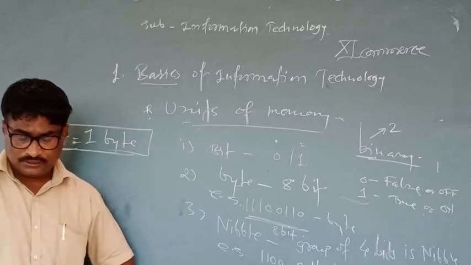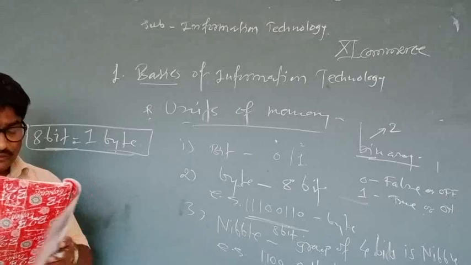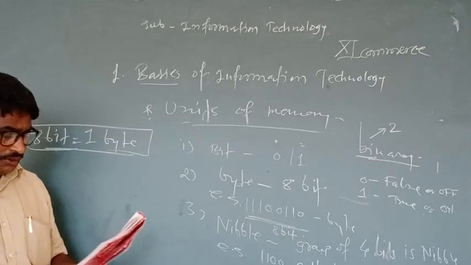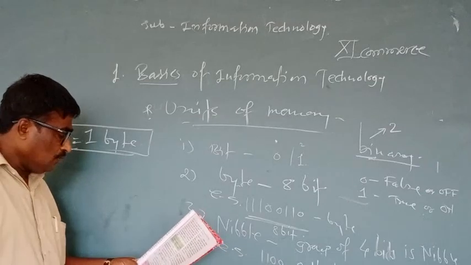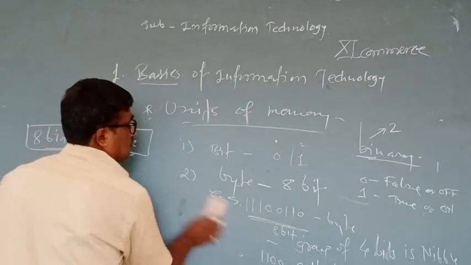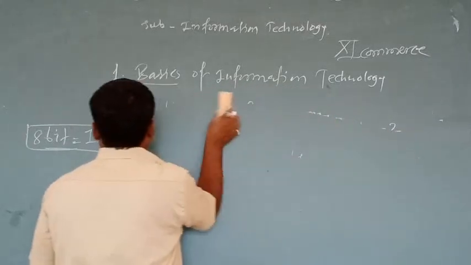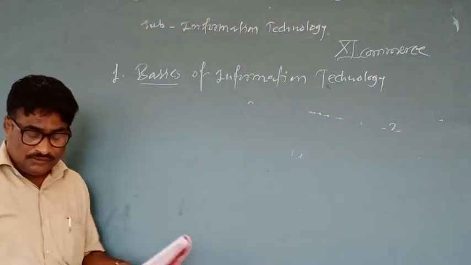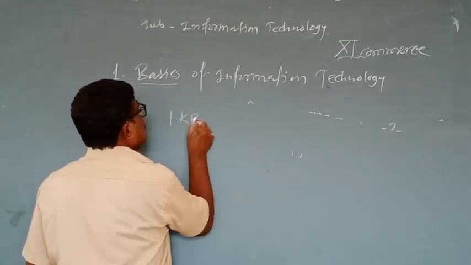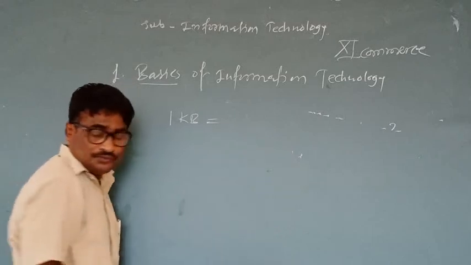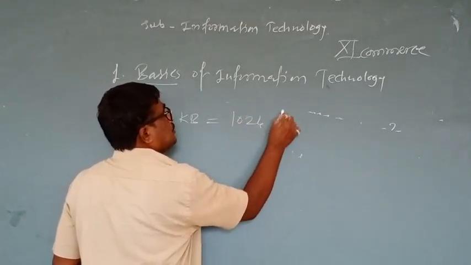Then here is the chart of the memory units. 1 byte is equal to 8 bits. 1 kilobyte, 1 KB is equal to 1024 bytes.